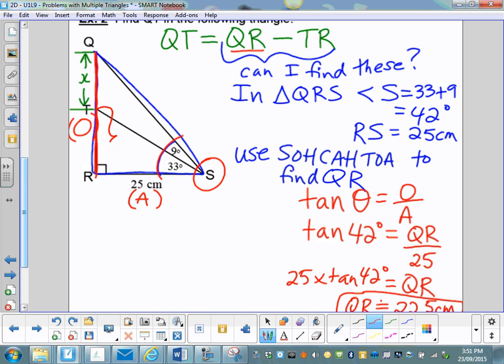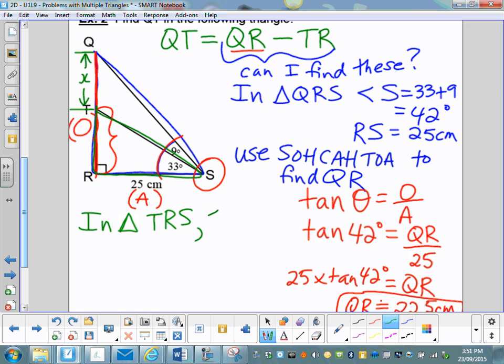And TR is this side here. So TR is in the smaller right angle triangle, so in triangle TRS. Here's what I know. Now I'm talking about this smaller triangle, TRS.